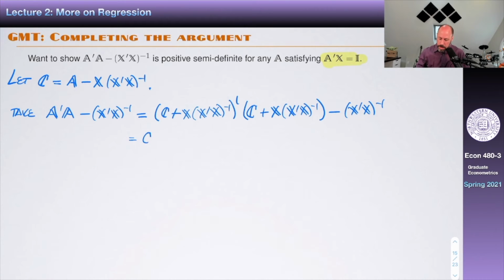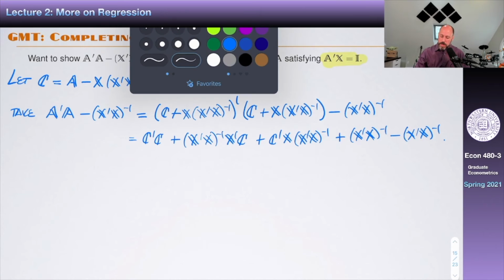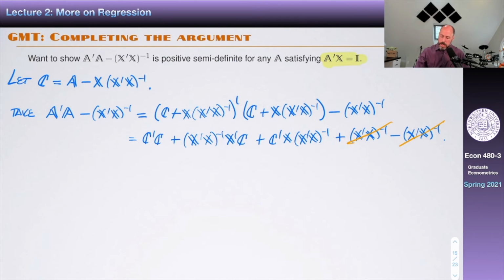It's just going to be C prime C plus x prime x inverse x prime C plus C prime x x prime x inverse plus x prime x inverse minus x prime x inverse. As you can see, the last two cancel out.